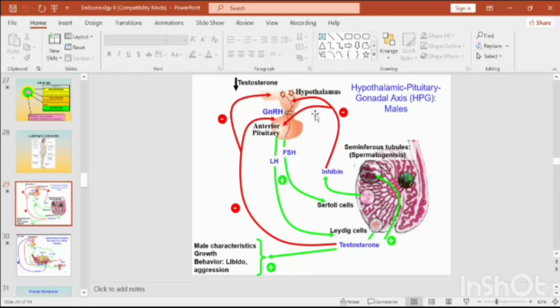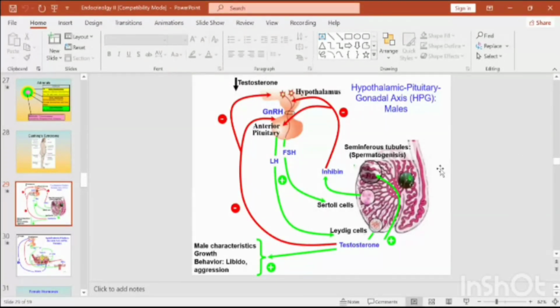This is another diagram illustrating the hypothalamic pituitary gonadal axis. It's still the same axis, and the control system, we said for all, is a negative control system. And in this example, we take the blood level of testosterone. So once the level goes down, the hypothalamus together with the anterior pituitary gland will detect that the testosterone level has really gone down, and it will instruct the anterior pituitary gland to secrete both LH and FSH, and both of them will act on the seminiferous tubule within the testis.